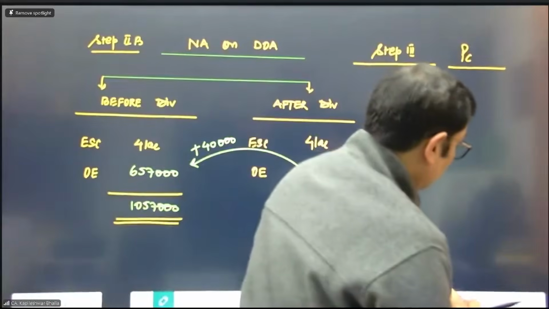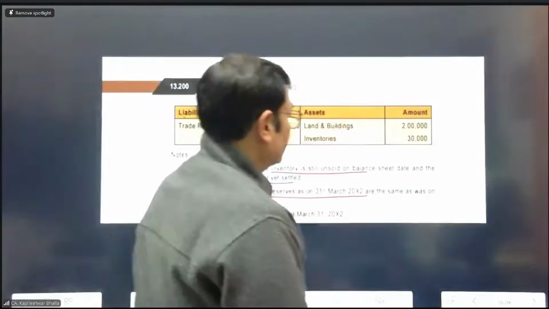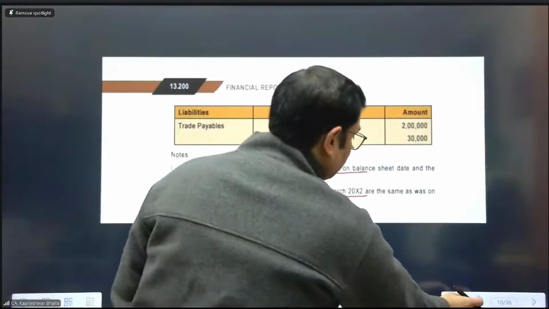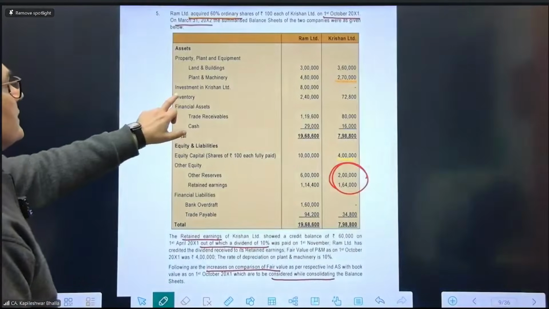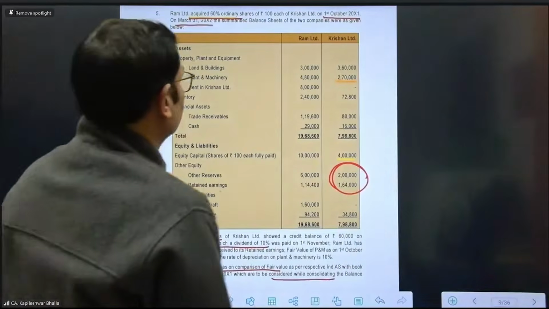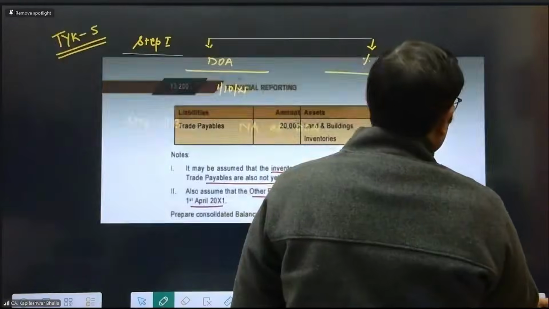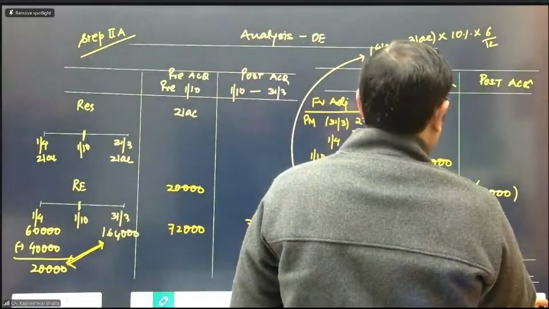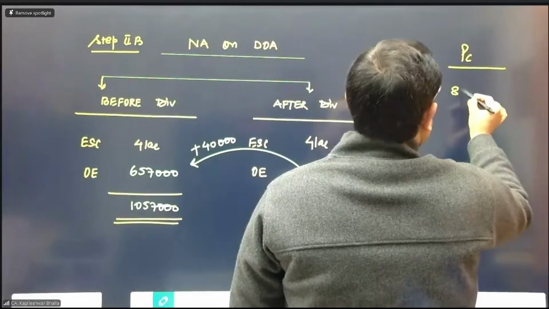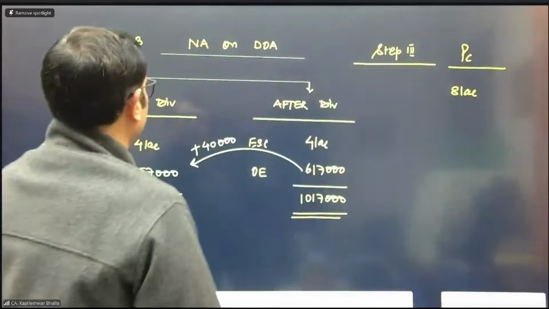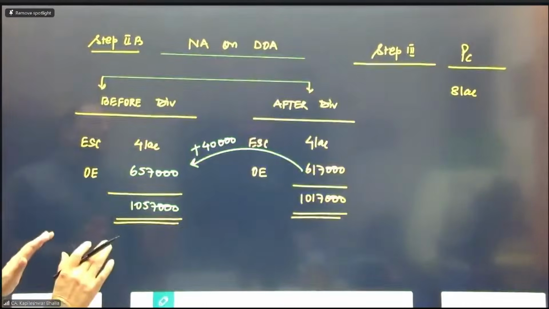So let's go back to the balance sheet and see the status of the investments. I guess the investment in Krishan is given as 8 lakhs, so there are no outside investments. So this remains at 8 lakh rupees itself. Okay, so I think this is taken care of.